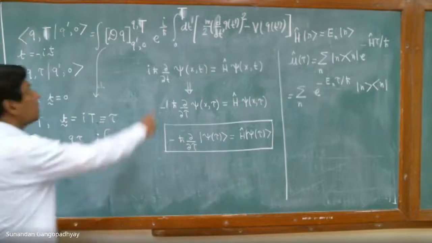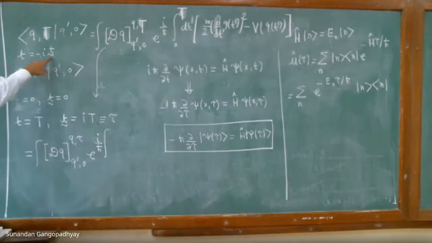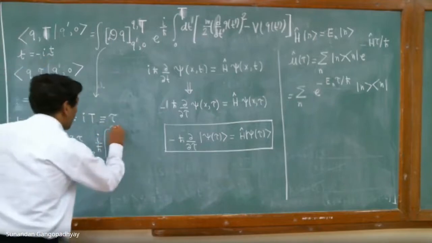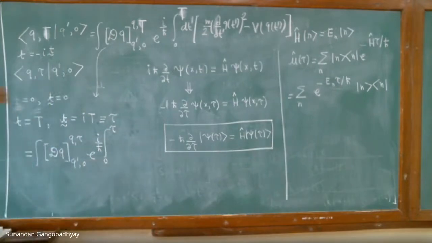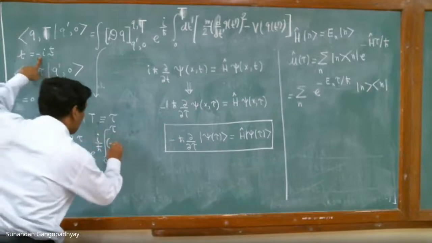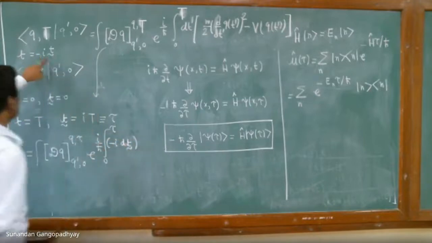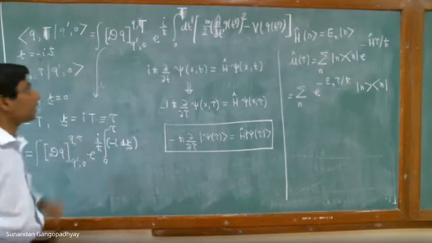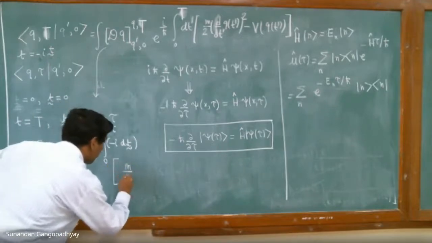So when t is equal to capital T, I am making a transformation to t tilde, so t tilde is tau. So this is the integral from 0 to tau. And what is dt? dt is basically minus i dt tilde. This is multiplied by m by 2.